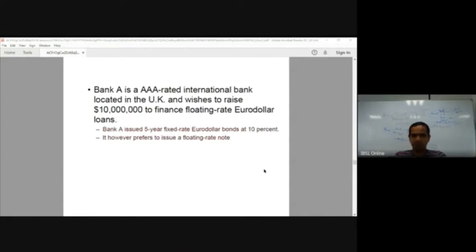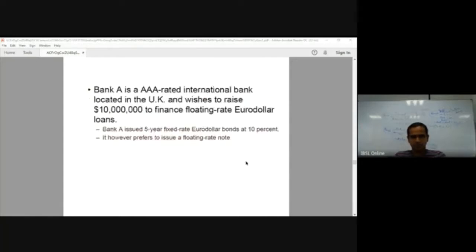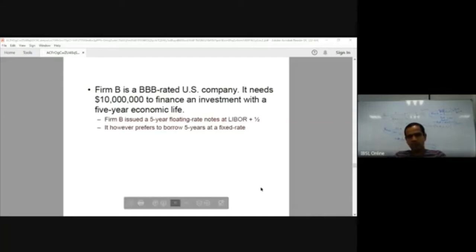Now, these two have opposing requirements. A is based in the UK and wants to raise $10 million, whereas B is based in the US, and it also wants to raise dollars.